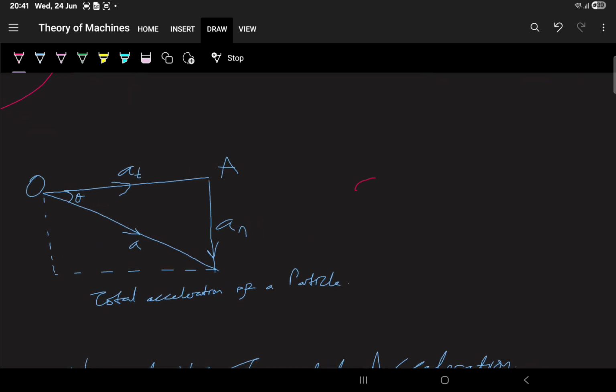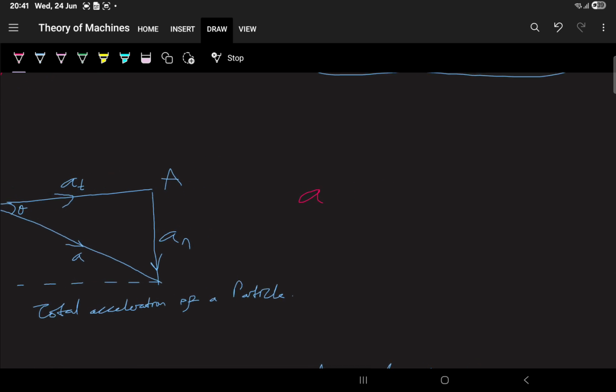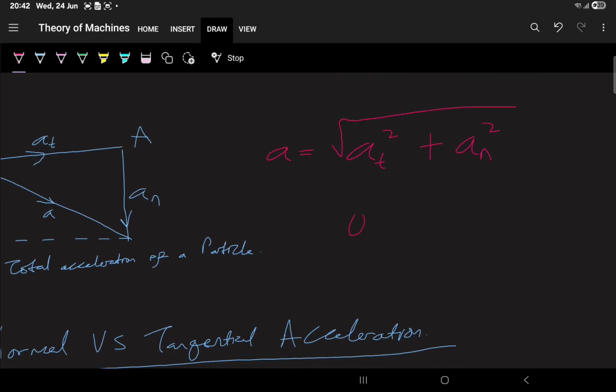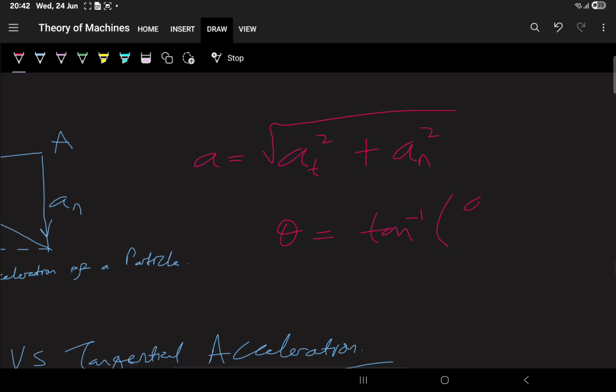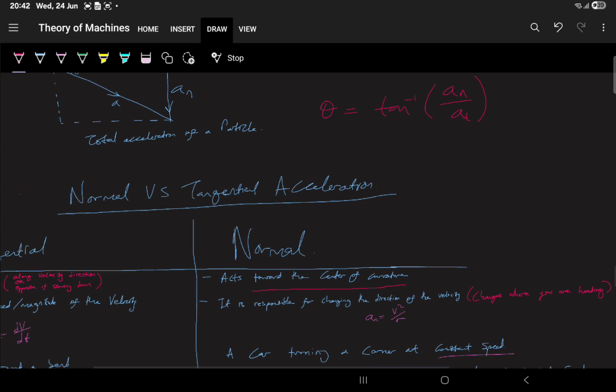So the total acceleration of the particle is represented from Pythagoras theorem, square root of a_t squared plus a_n squared, which represent tangential and normal acceleration respectively. Also our angle theta will be equal to tan inverse of our normal acceleration divided by our tangential acceleration.